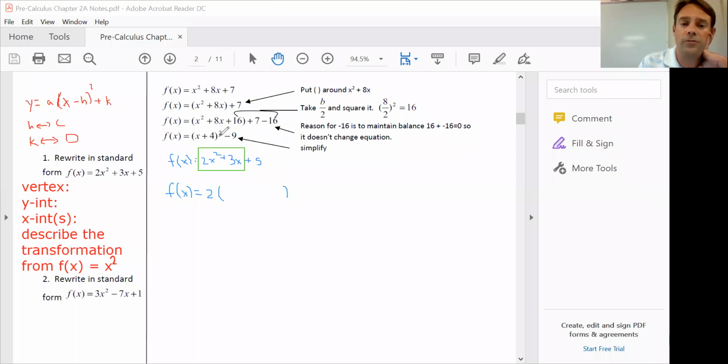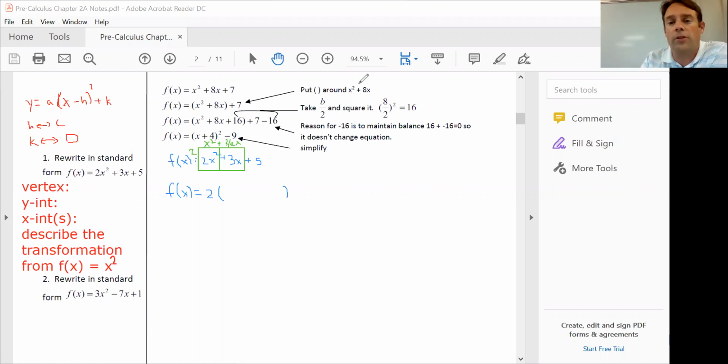So when we factor 2 out of this problem, we're going to be left with x squared plus 3 over 2 x.